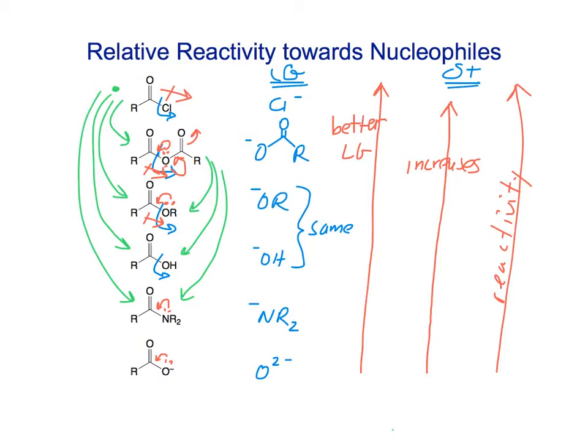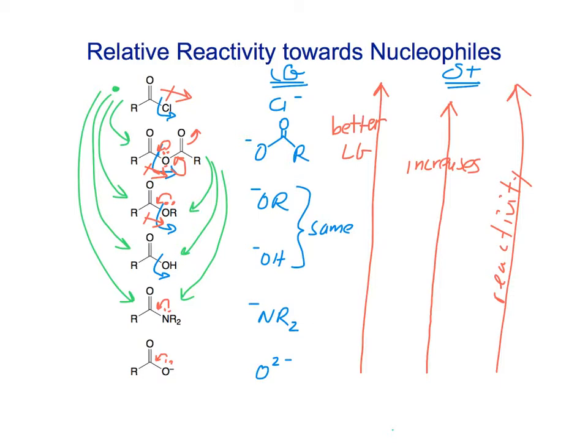So in general, it's easier to go down this list. There are some exceptions. If we want to go up from a carboxylic acid, there is a reaction where we can go from the carboxylic acid to the acid chloride, but it isn't really just an acyl.